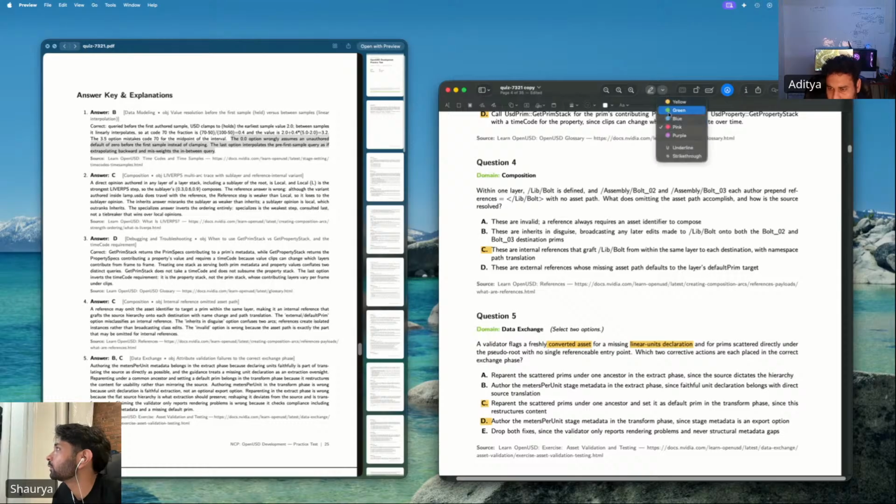B: author meters per unit in the extract phase, since faithful unit declaration belongs to direct source translation, and reparent the scattered prims under one ancestor and set it as default prim in the transform phase, and this restructures the stage. And authoring meters per unit is an export option. Let's see why this dude Claude messed us up. I think we won't pass this one.